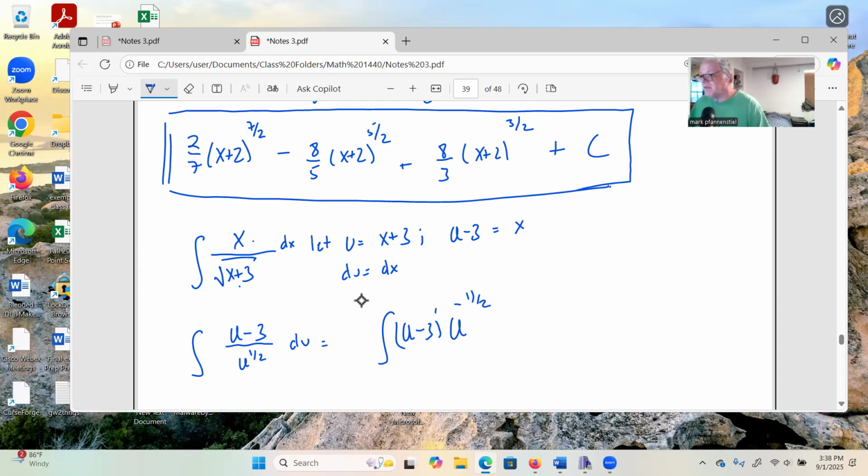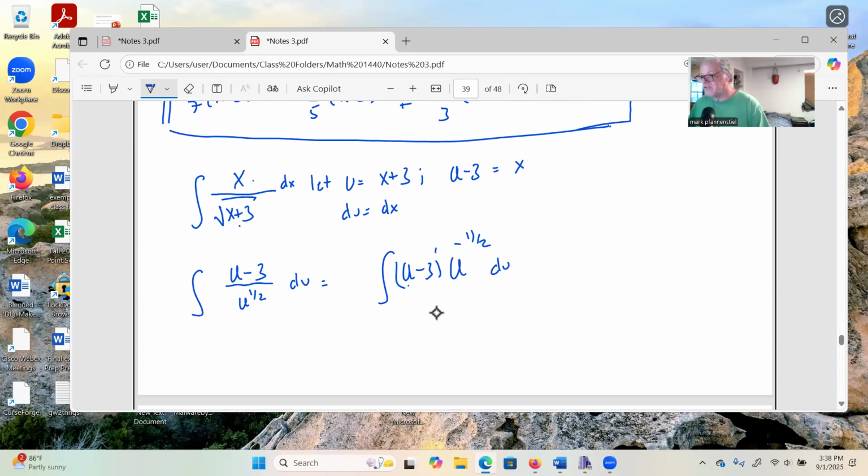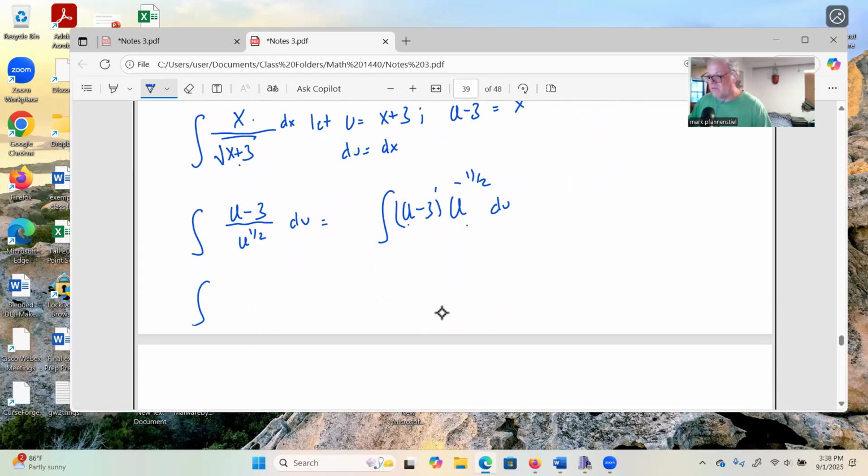When the bases are the same, we add the exponents. So we end up with an integral of u to the 2/2 minus 1/2, a 1/2 power here, minus 3 u to the negative 1/2 power, du.